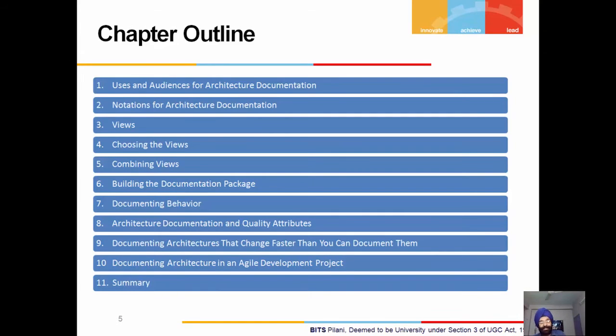And in such a situation, we have to separate those items which are static from those which keep changing. So that has to be taken into account in documentation also, because by the time you would have written the documentation, it will not be reflecting the ground reality of what's going on.